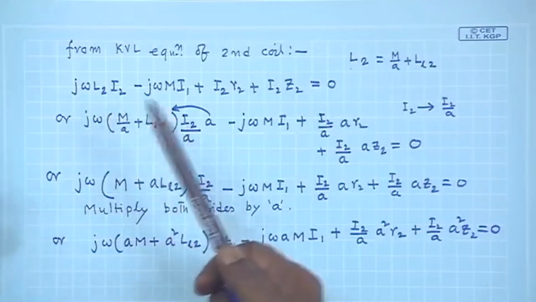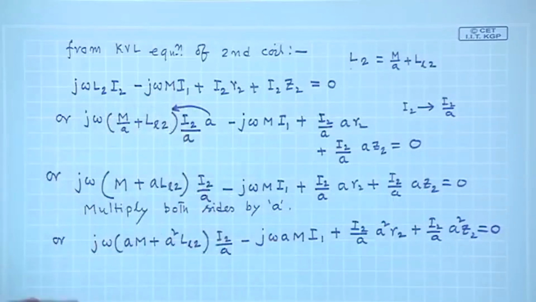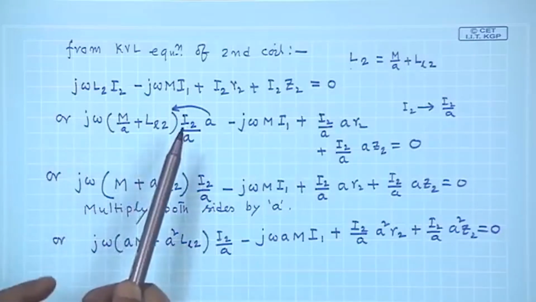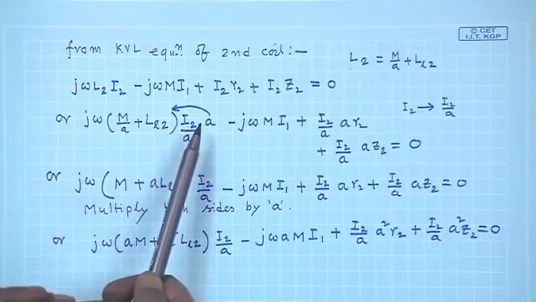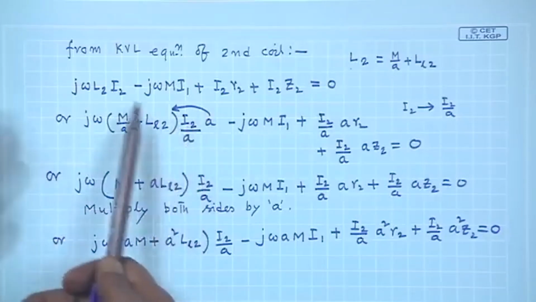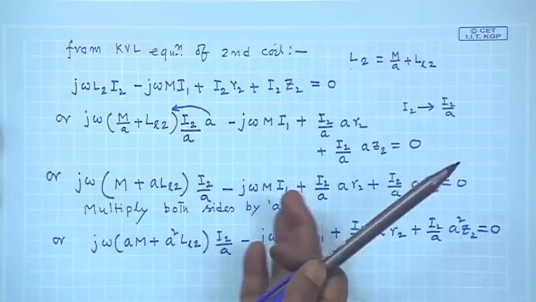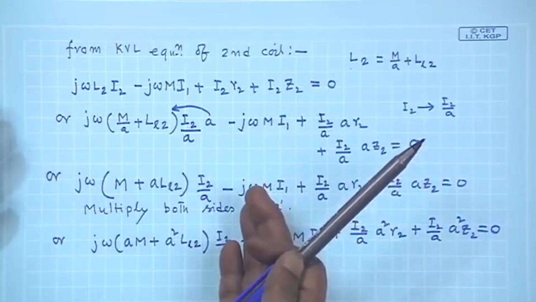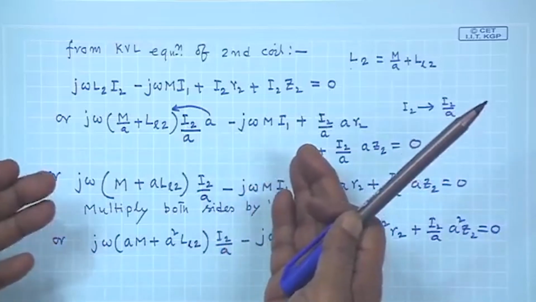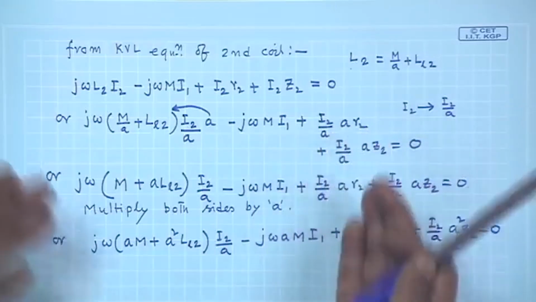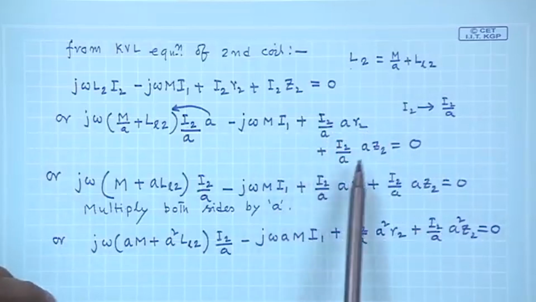And wherever I2 is there, I am simply telling you to divide by a, multiply by a, so that I2 is retained. Minus j omega M I1, do not disturb, and then plus I2 by a into a R2 plus I2 by a into a Z2 is equal to 0.